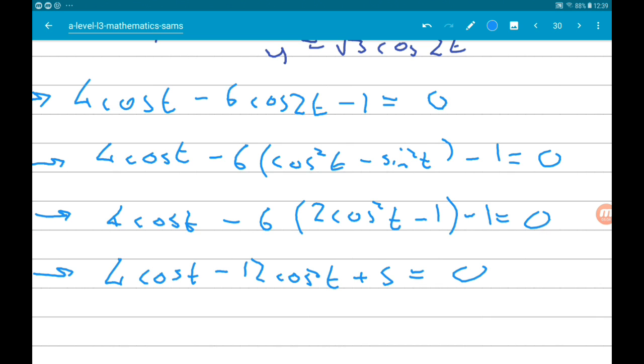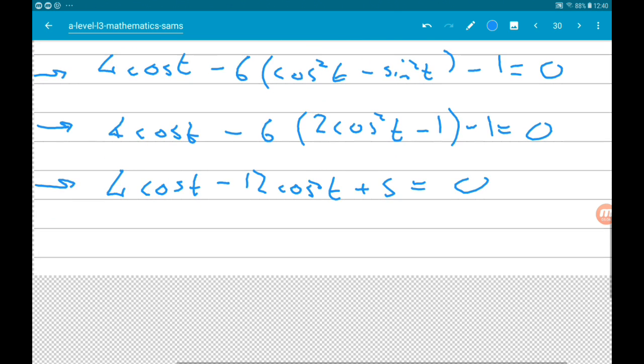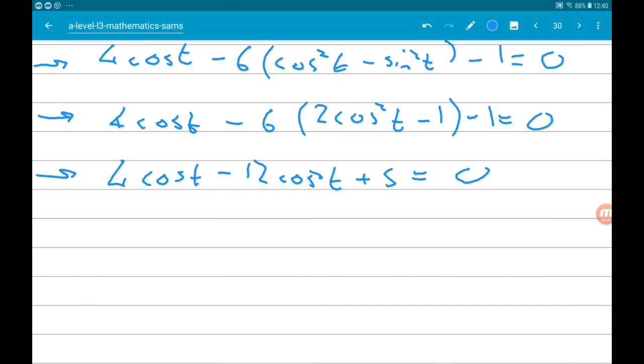Now, if we rearrange this slightly and make the squared term positive, we can get 12 cos squared of t minus 4 cos t minus 5 is equal to 0.